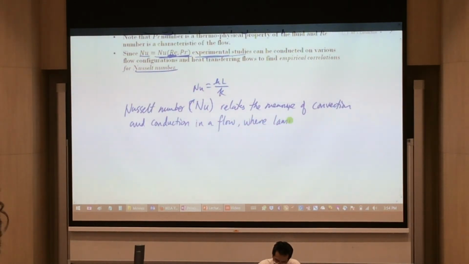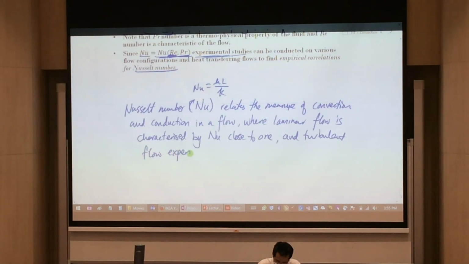where laminar flow is characterized by Nusselt number close to 1, and turbulent flow experiences more convection and is characterized by Nusselt number between 100 to 1000.